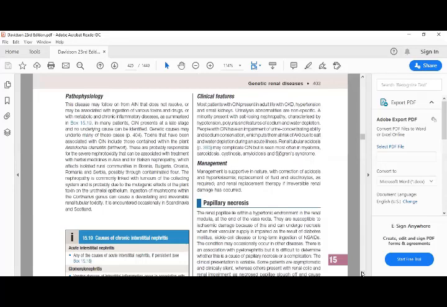Toxins that have been associated with chronic interstitial nephritis include those contained within the plant Aristolochia clematitis, birthwort. These are probably responsible for the severe nephrotoxicity that can be associated with treatment with herbal medicines in Asia and for Balkan nephropathy, which affects isolated rural communities in Bosnia, Bulgaria, Croatia, Romania, and Serbia, possibly through contaminated flour.